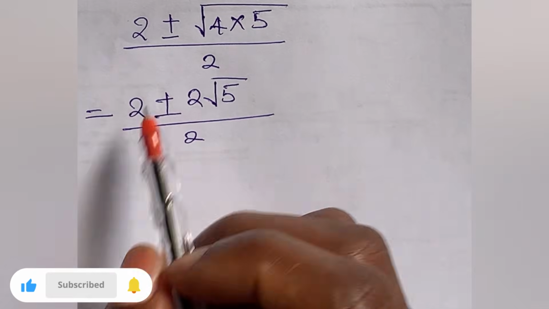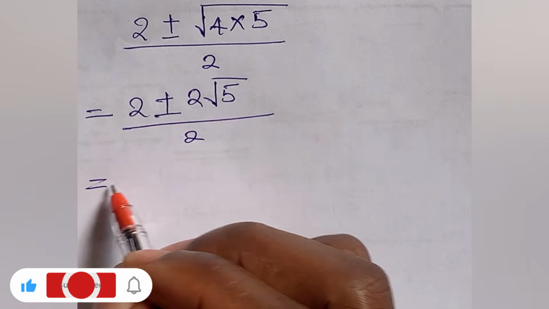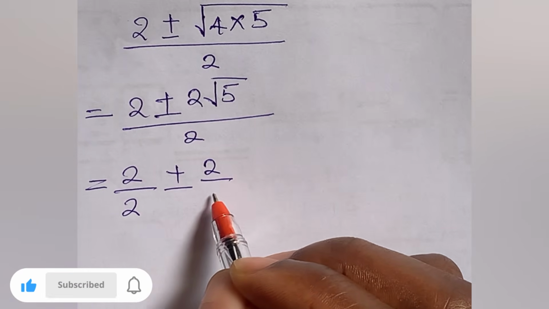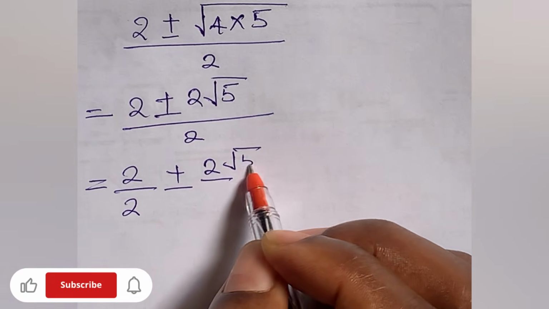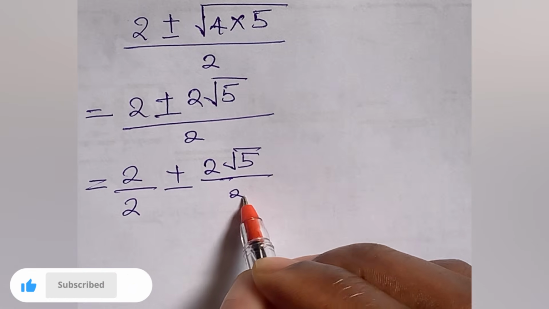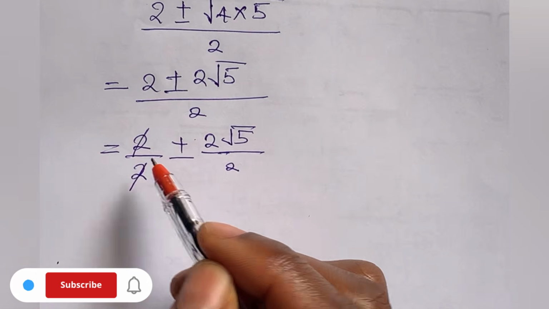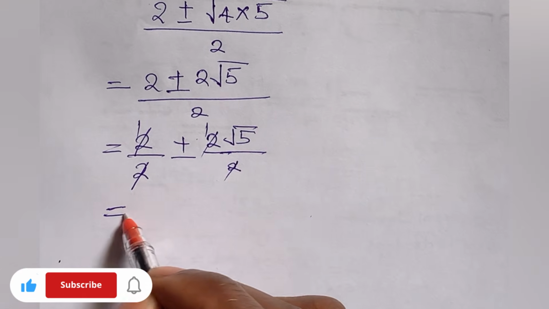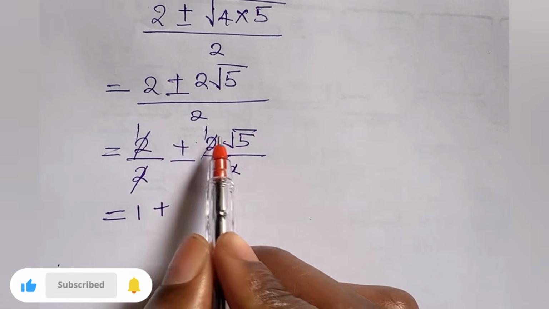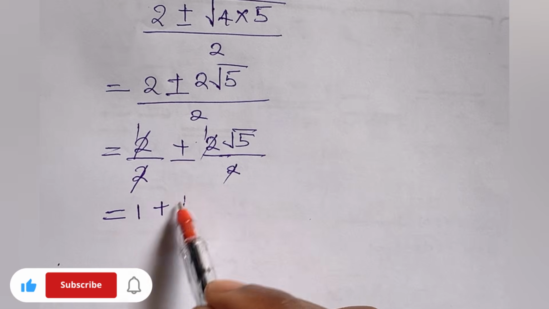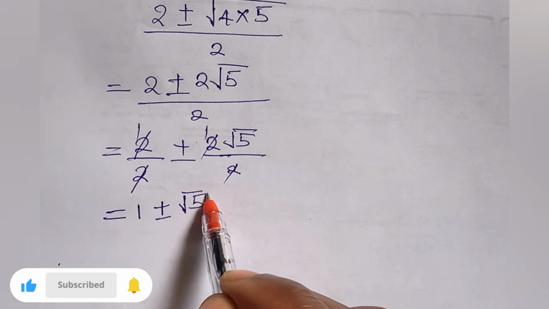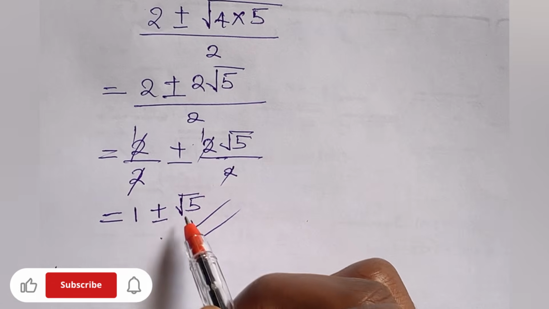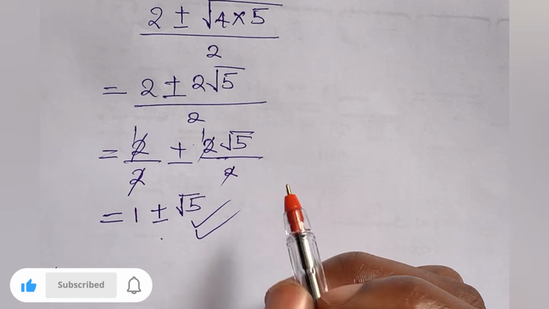So this can be written as 2 over 2 plus or minus 2 over 2 root 5. The 2 here, 1, the 2 here, 1, so 2 can cancel this. We have 1 plus or minus 1 multiplied by root 5, which is going to give us root 5. So our final answer is 1 plus or minus root 5 for this equation.